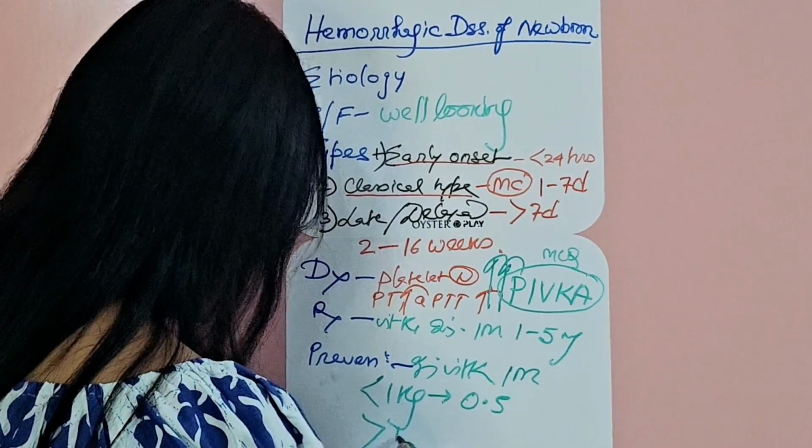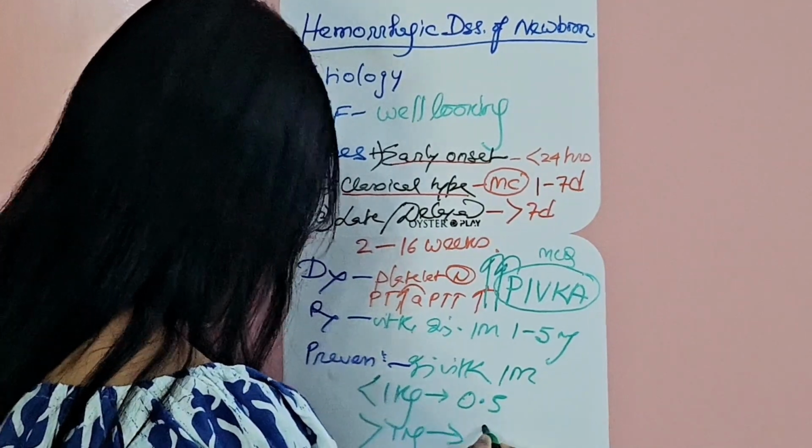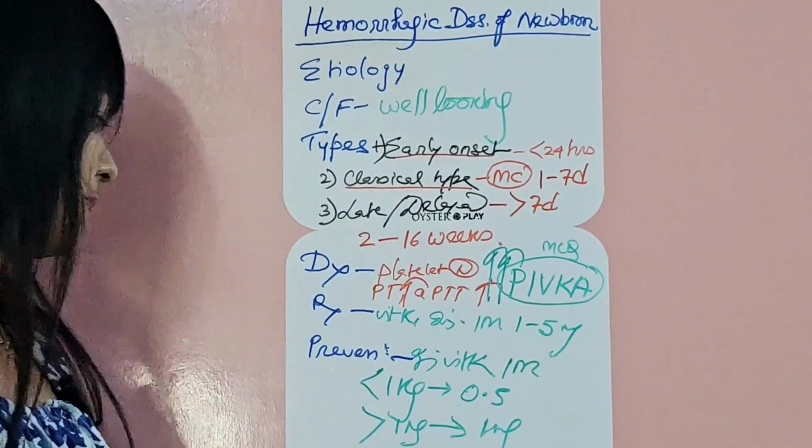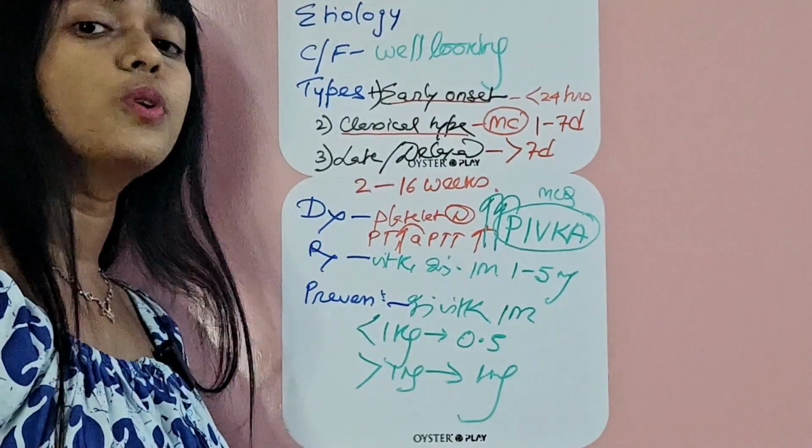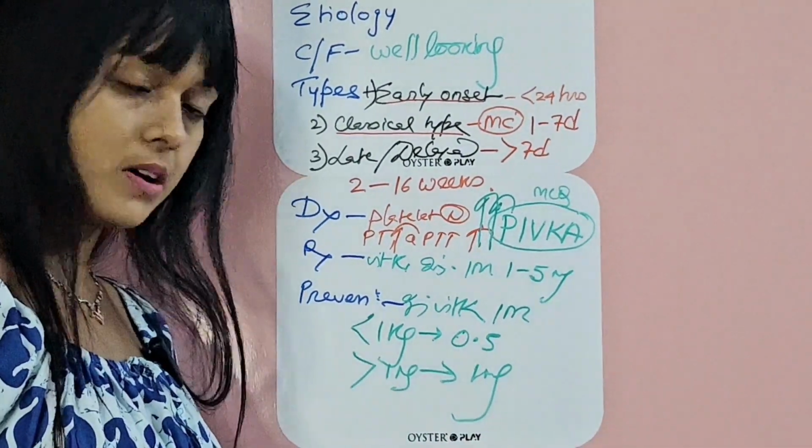If the birth weight is more than 1 kg, the child is going to get 1 milligram. That's it.